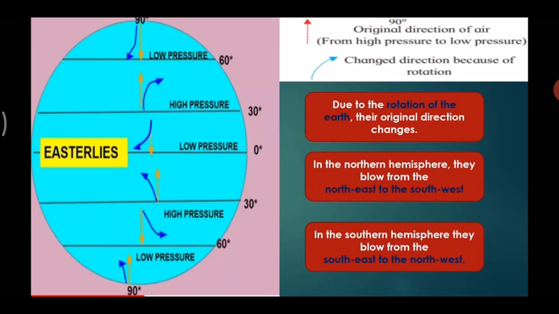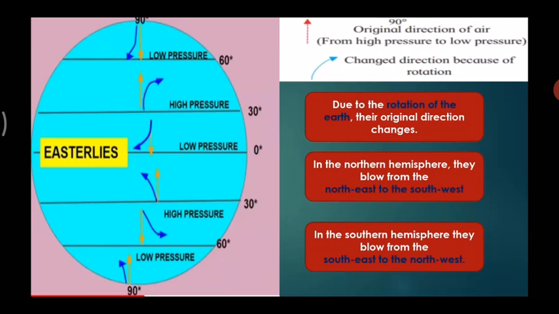Now see here, near the equatorial low pressure belt, the original direction of easterlies is the red arrow, the orange arrow. But because of the rotation of the earth, the direction has changed, which is the blue arrow.